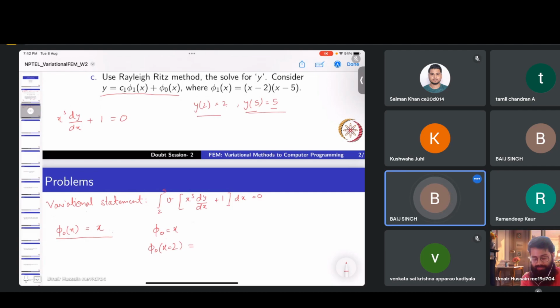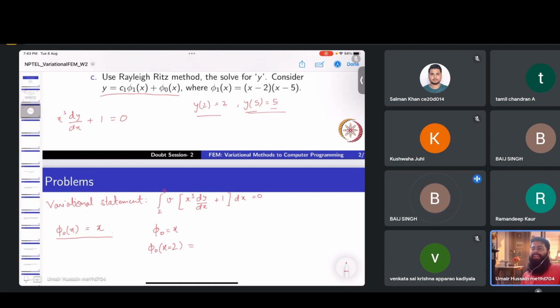If we have phi one as (x minus 2)(x minus 5), then phi naught should satisfy the essential boundary conditions. Then phi naught of x should be u1 times (x2 minus x) by (x2 minus x1) plus u2 times (x minus x1) by (x2 minus x1). Both 5 and 2 should be considered while constructing our phi naught of x.